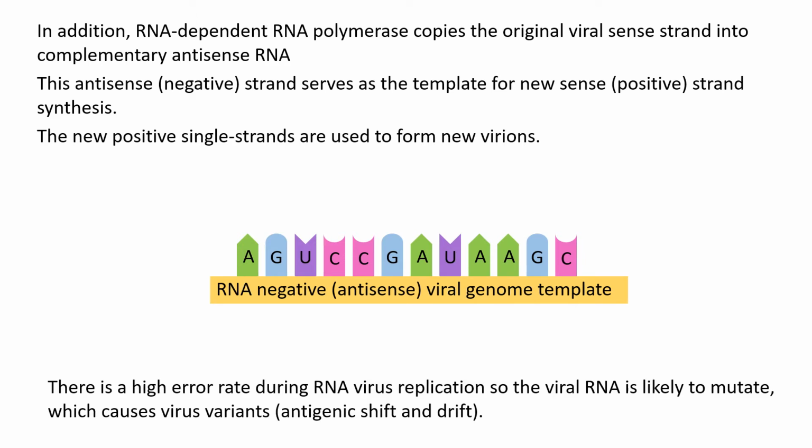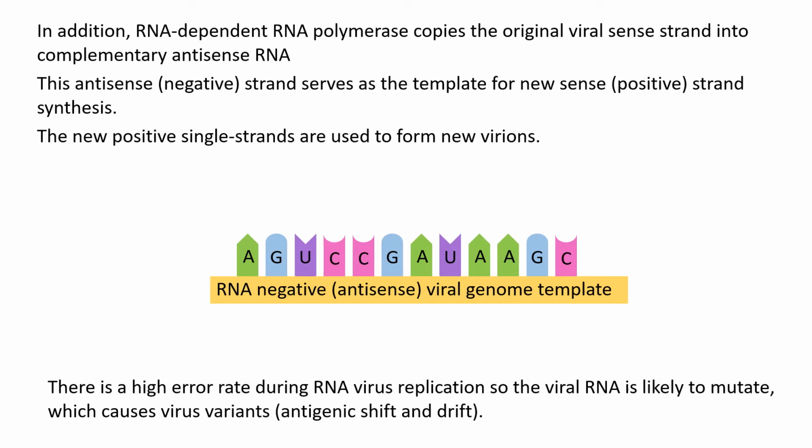Because of all of this, this is where we get the problem with antigenic shift and drift. It's particularly common, for example, in flu viruses. Because there's a high error rate in doing this RNA replication using this template, subtle differences can arise quite easily.